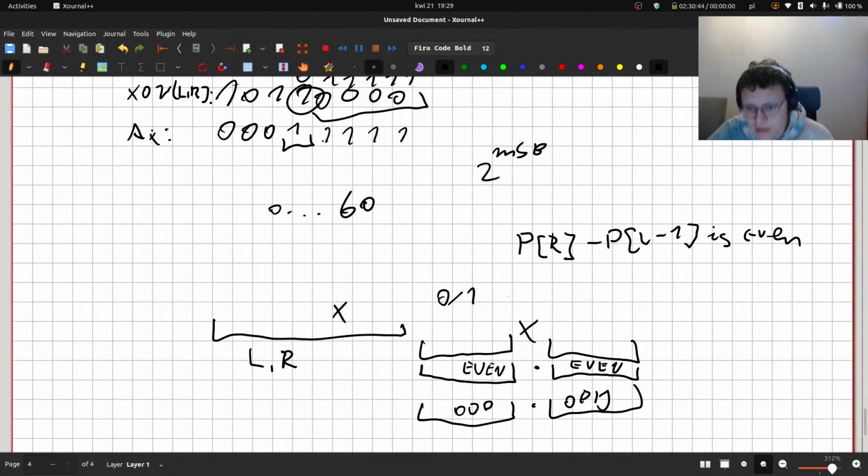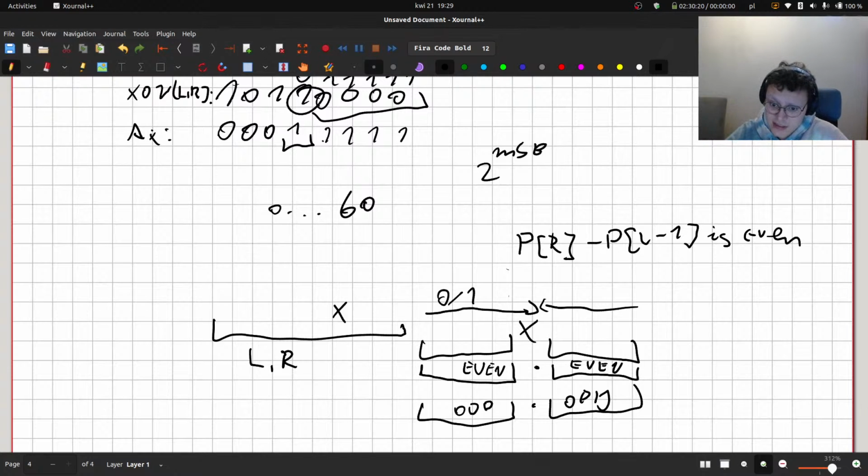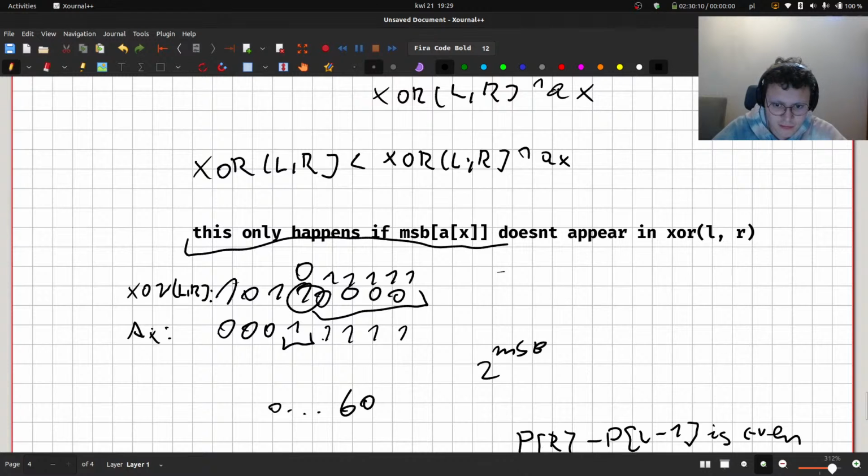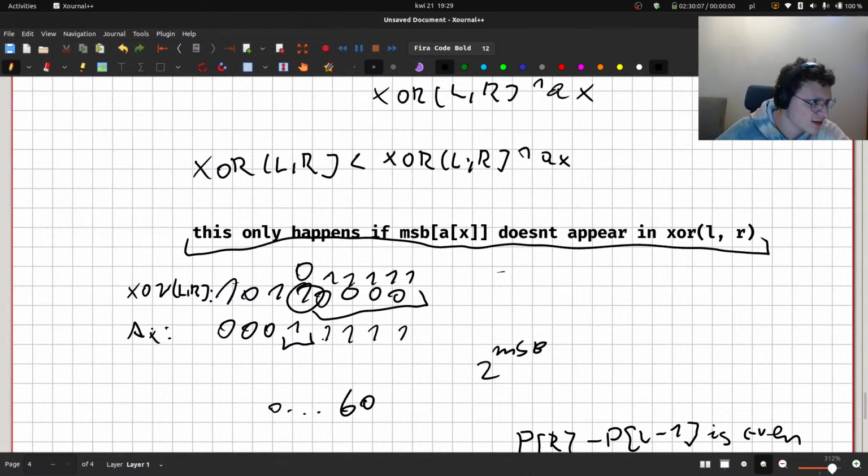And we will calculate those prefix sums for each possible bit, going from left to right. For each bit we'll calculate the number of odd prefix sums up to this point and odd prefix sums from the other side, and then just multiply them, and the same for even. So the main observation in this task was that we only want to look at the MSB, no other bit interests us.